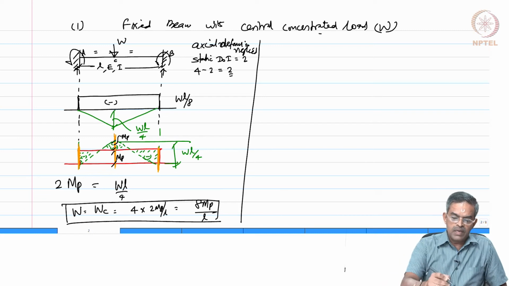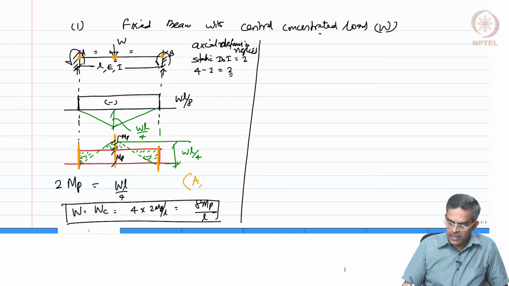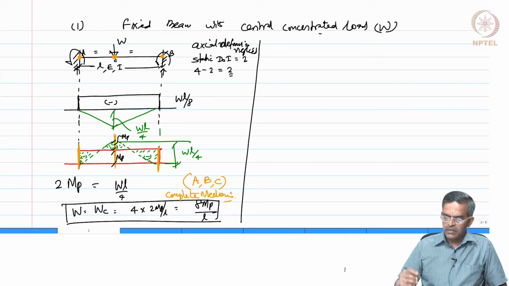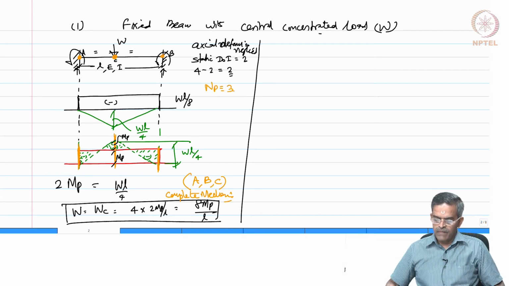Okay. Ultimately, we assume that hinges are formed at 3 places. Hinges are formed at A, B and C, making it a complete mechanism. Is it not? I need 3 hinges. I got 3 hinges.